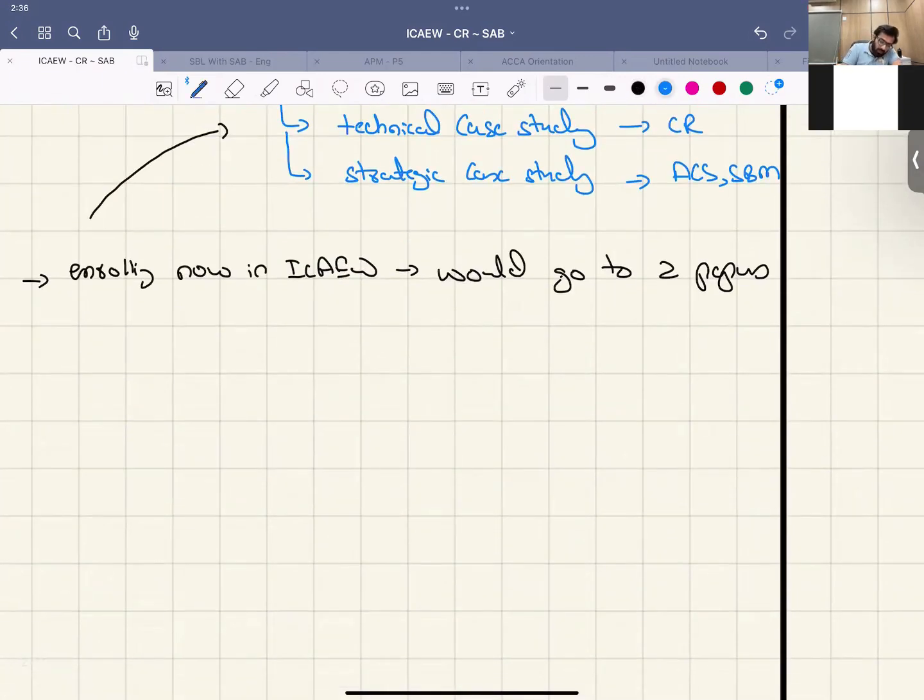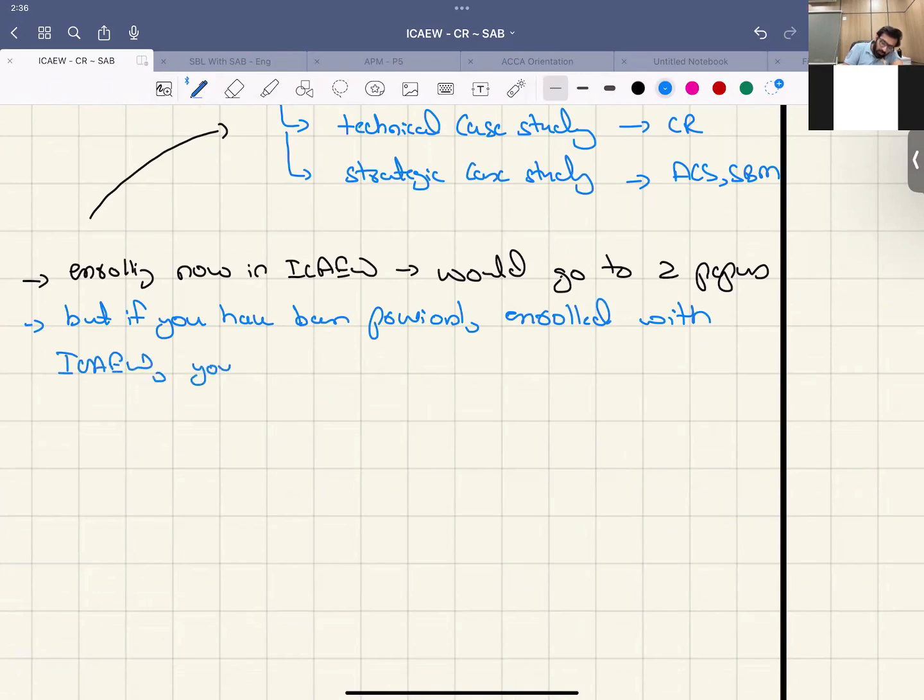But if you have been a previous student, previously enrolled with ICAEW, then what you have to do is give 3 papers, the 3 that we discussed.